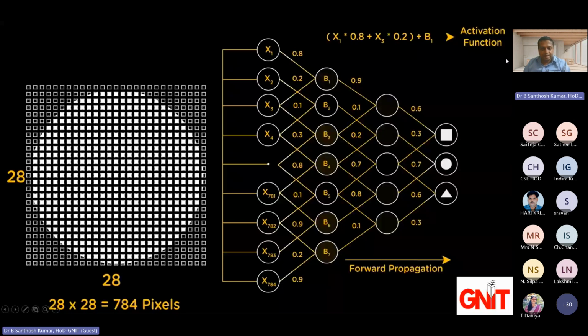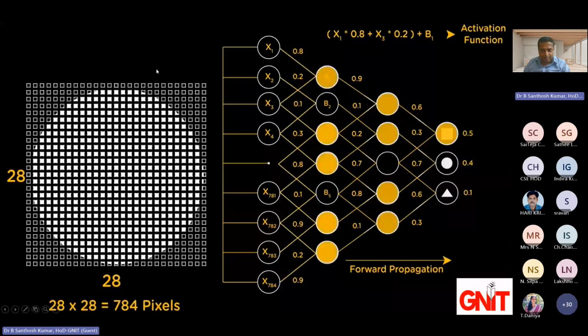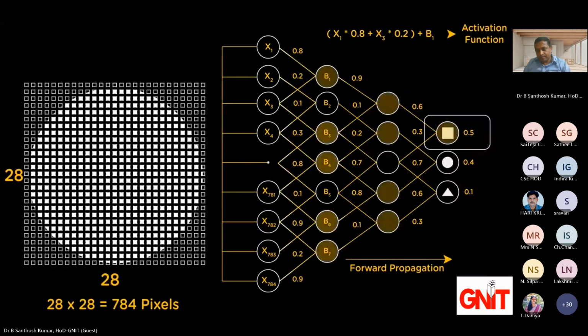In these predictions, class A gets 0.5, class B gets 0.4, and class C gets 0.1. But this is wrong, because 0.5 for the first class means a square, whereas the given object is not a square, it is a round shape. So it is a wrong prediction.